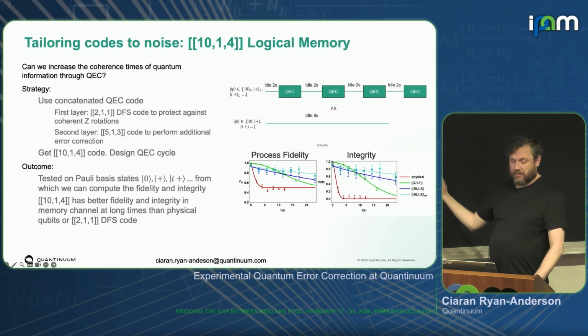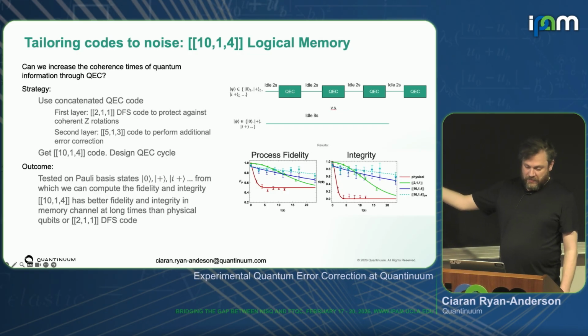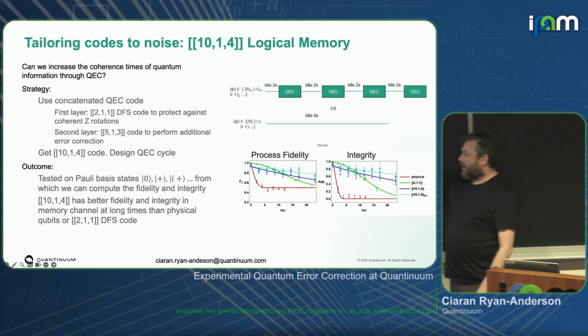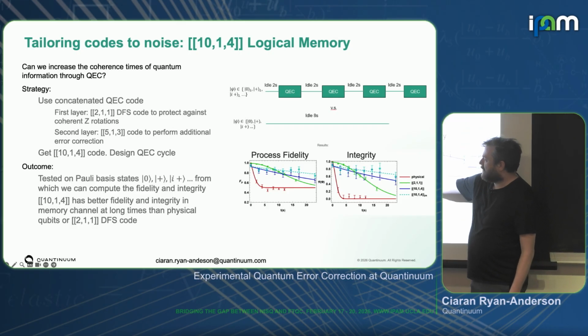Yeah, and so one of the errors that keep on being mentioned is this memory error. A colleague of mine looked at decoherence-free subspaces and concatenating that with the 5-qubit perfect code, and we see that we can really kill off a lot of that memory error. So the red line is physical error, and this is fidelity, so down is bad.